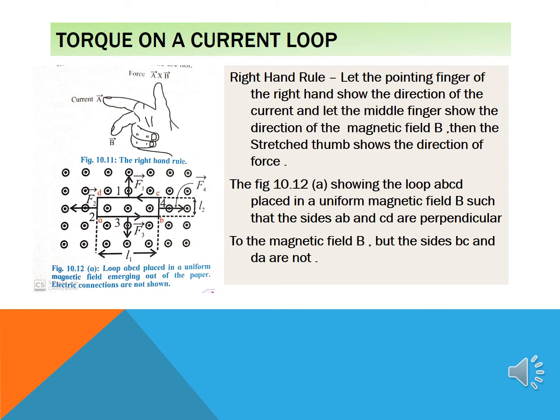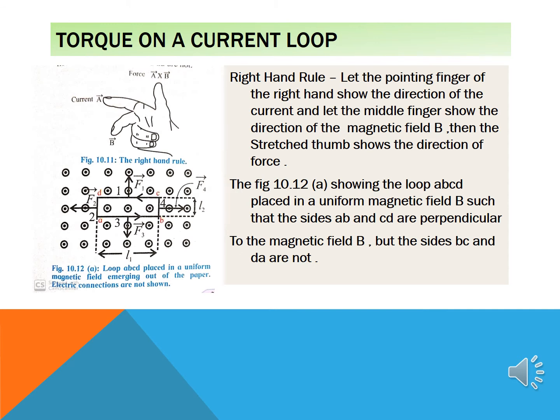Let us move on to the second figure, that is figure 10.12, which shows the loop ABCD placed in a uniform magnetic field B such that the sides AB and CD are perpendicular to the magnetic field B, but the sides BC and DA are not placed in it.